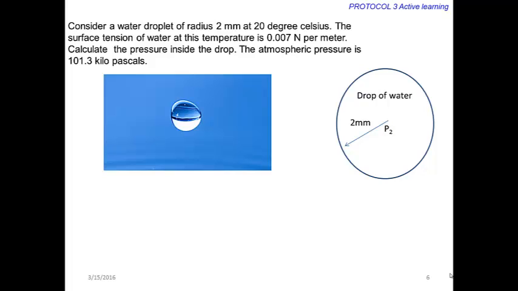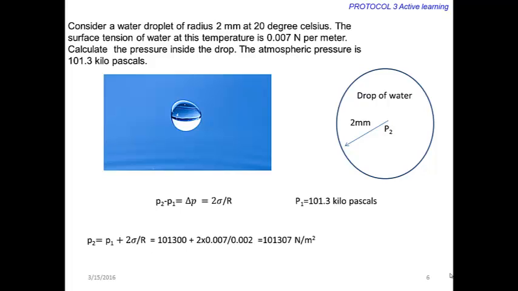In this problem we use the equation derived earlier, connecting pressures inside and outside the drop to its radius and surface tension. Substituting the given values of outside pressure, radius and surface tension, we can calculate the pressure inside the drop. It is slightly higher than the outside pressure.